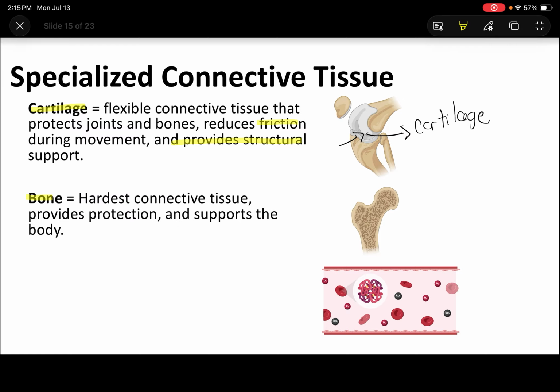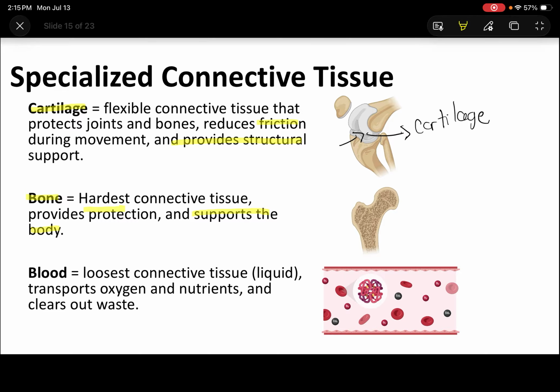Bone is also a connective tissue. This is our hardest connective tissue. Bones are really important because they provide protection and support to the body. If we did not have bones, we would just be giant sacks of flesh. And finally, blood, which is our loosest connective tissue because it is a liquid.